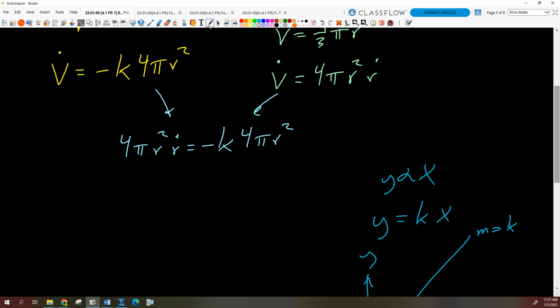What can I do? Yeah, I can divide each side through by 4 pi r squared, and look what I end up with. R dot equals negative k, where k is a positive constant.